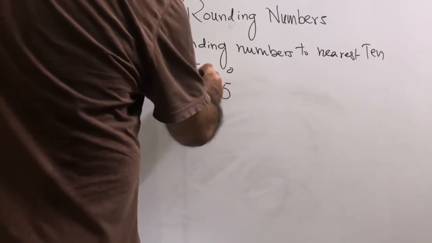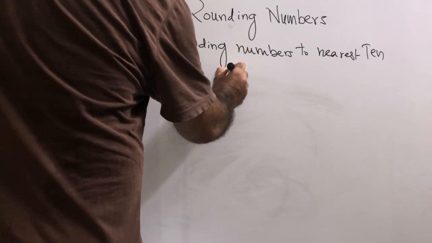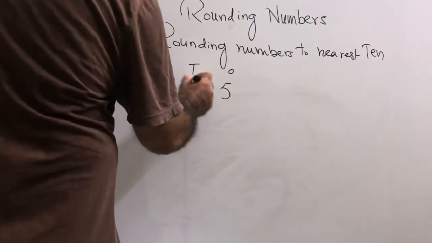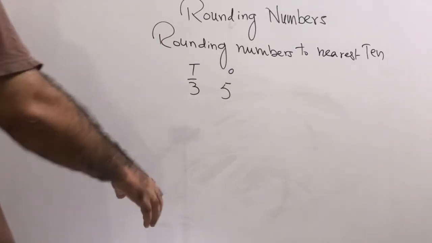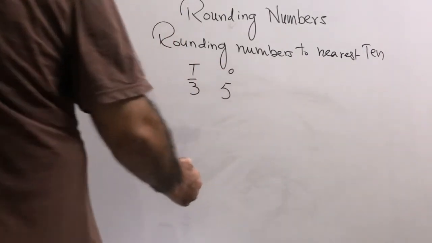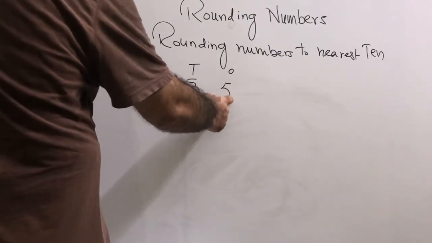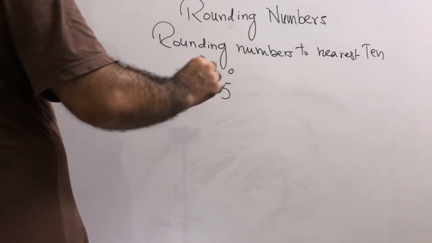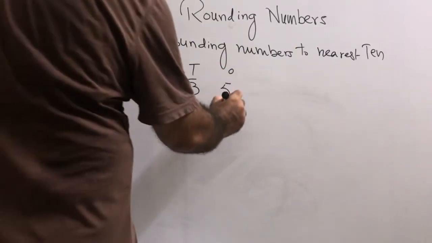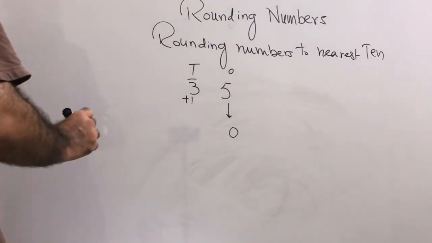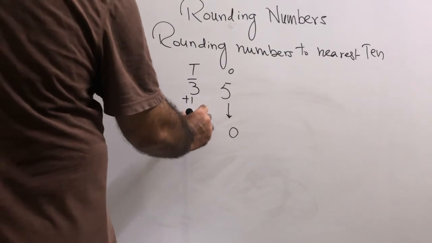Dress is $35. This is ones, this is tens. The rule says that when we go for rounding numbers to the nearest 10, this is the 10th place, we look on the right side, on the ones side. If this number in the ones place is equal to 5 or greater than 5, then we take two actions. The first action is it becomes 0, and the second action is that we add 1 to the 10th place. It becomes 3 plus 1, 4, 40.